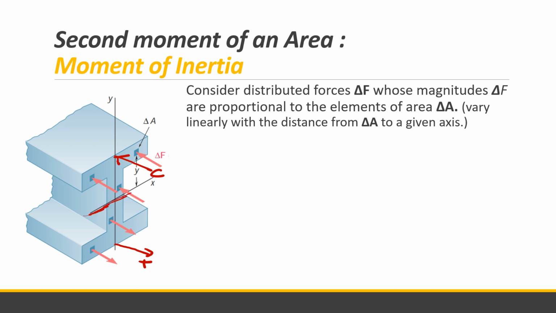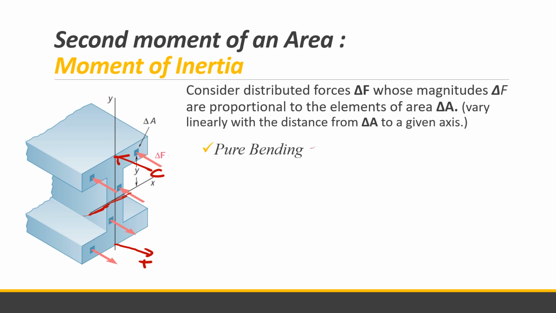When this is the scene, this is what you call a beam in pure bending. So this couple, with respect to the x-axis, creates a moment. A moment bends or twists the object. So this beam section is in pure bending.